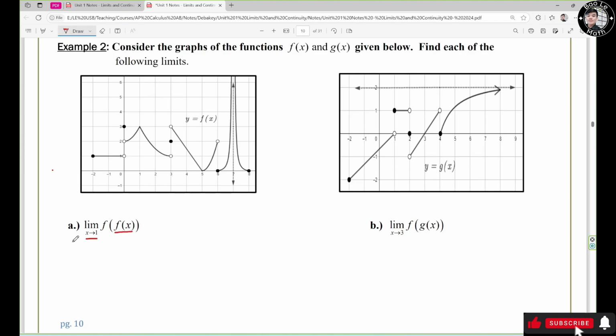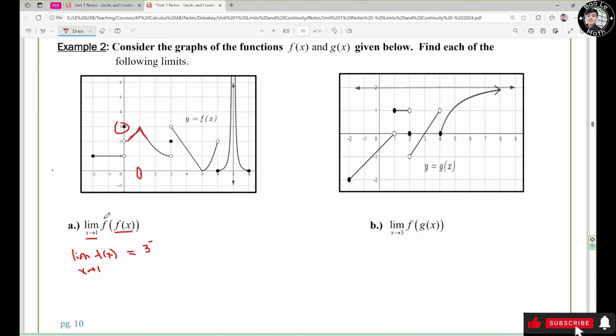So when s approaches 1, it's going to be right here. The limit of the function approaches 3 minus, because it's going to be below 3, look. So this one equals 3 minus.